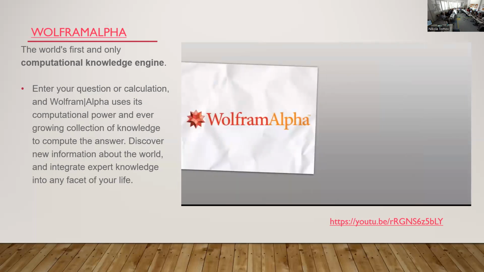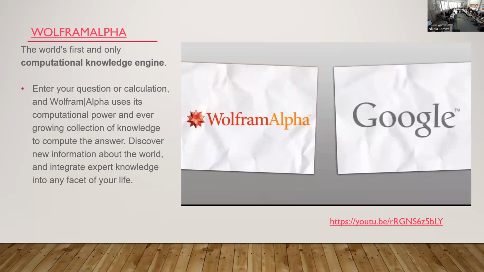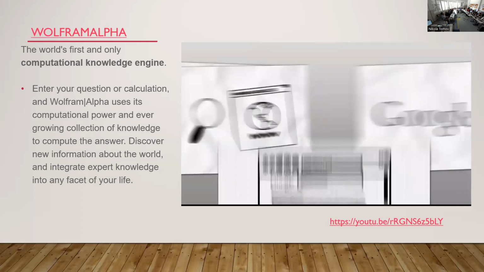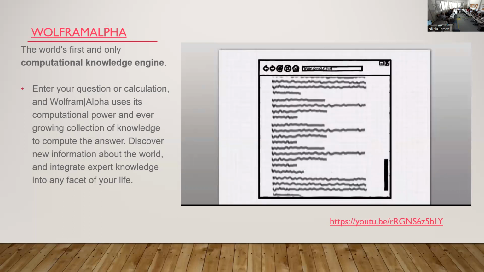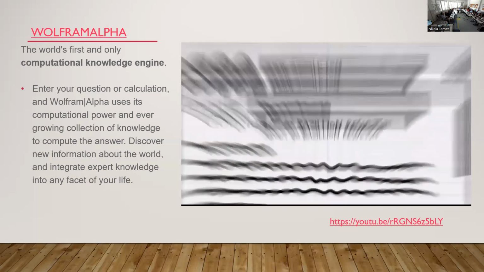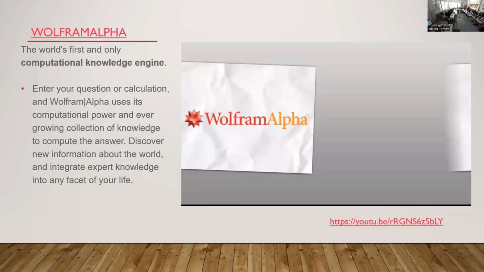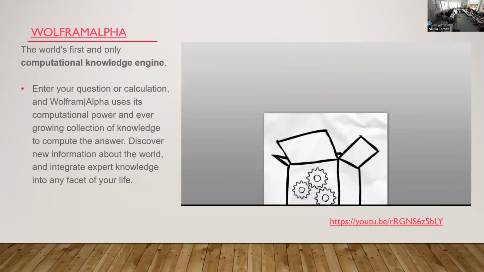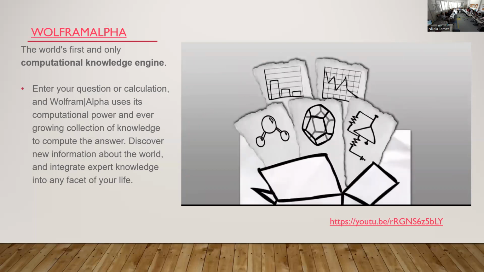That's Wolfram Alpha in a nutshell. But you might be wondering, how is Wolfram Alpha different from Google? Well, Google searches the web, seeking out web pages that relate to what you typed. From there, for the most part, it's your job to find the information you need. Wolfram Alpha is different. It doesn't search for web pages. Instead, it computes exact answers using its vast and ever-expanding collection of knowledge and allows you to discover so much more.